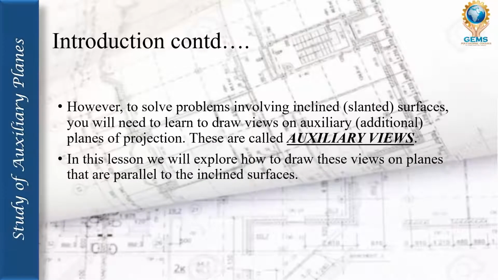The next point is we will explore some views on planes that are parallel to the inclined surfaces. In coming videos we are going to see some problems on drawing auxiliary views. Everything depends upon the planes parallel to the inclined surfaces.